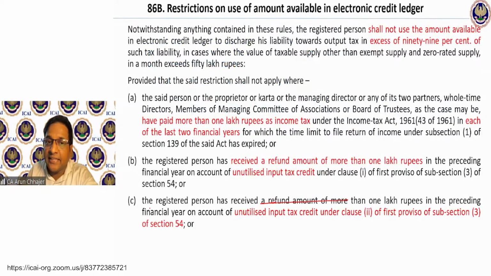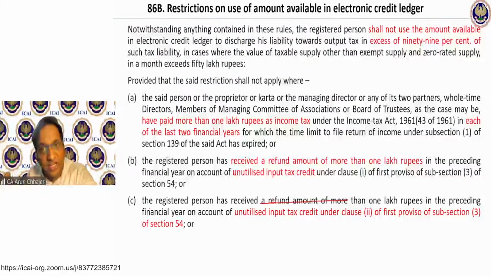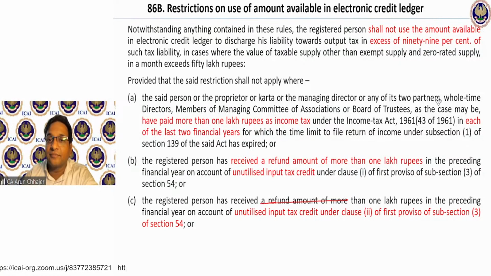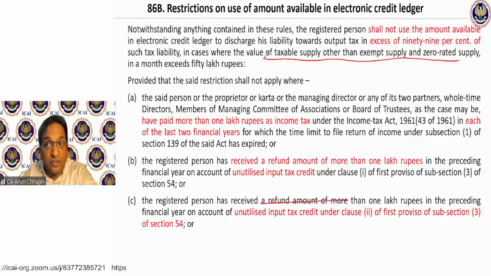86B says that 1% liability has to be discharged in cash. You cannot use the ITC if your taxable supply, other than exempt and zero rated supplies, exceeds 50 lakh.